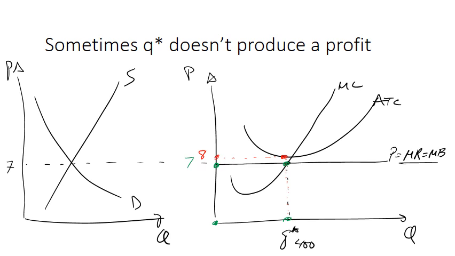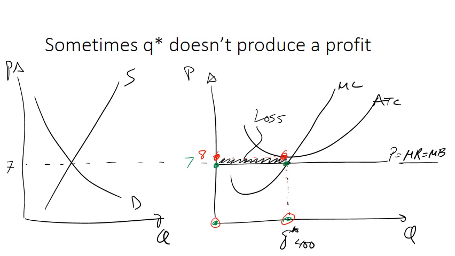You got a problem here because the height of this box is 8 and the width is 400. ATC times Q. What you end up with is a red box, as denoted here, that's bigger than your green box. This area that I'm marking in black here is your loss.